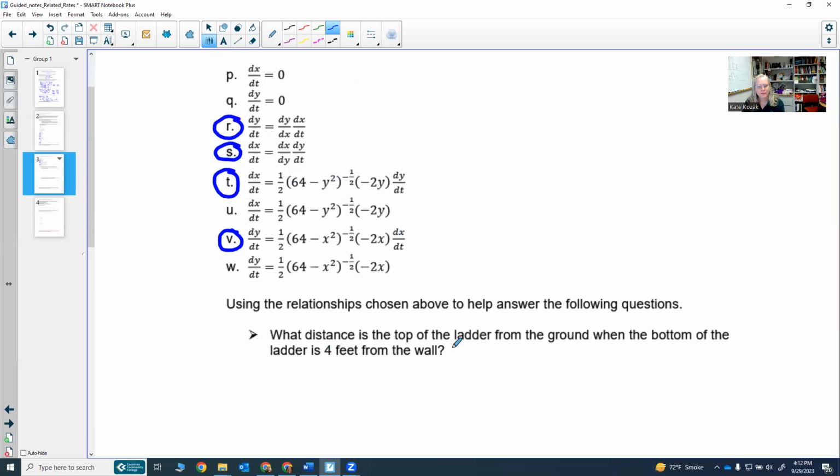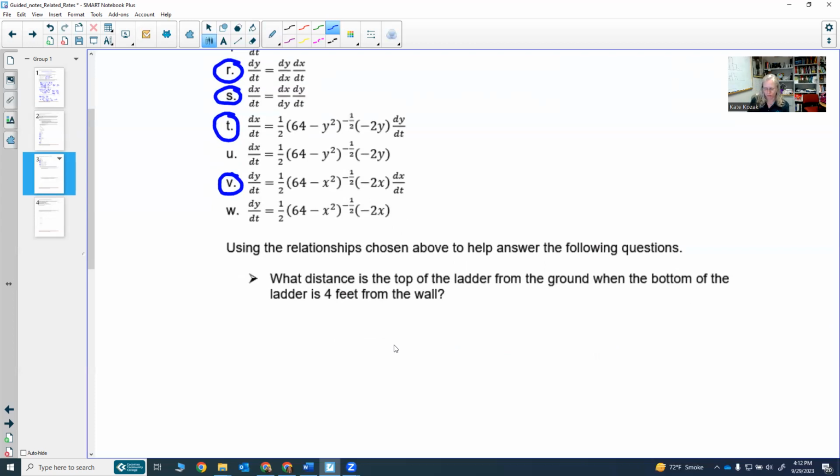What distance is the top of the ladder from the ground when the bottom of the ladder is 4 feet from the wall? Well, we want to know the distance the top of the ladder is from the ground, so we want to know what y is when the bottom of the ladder is 4 feet from the wall. So we happen to know what x is equal to. X is equal to 4 feet.